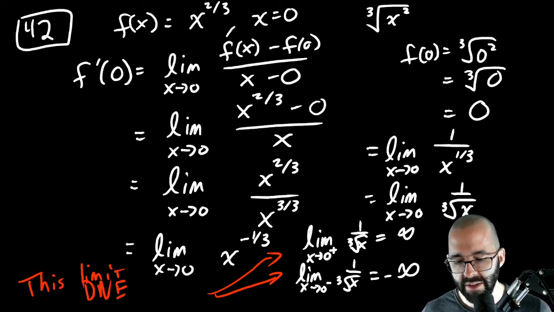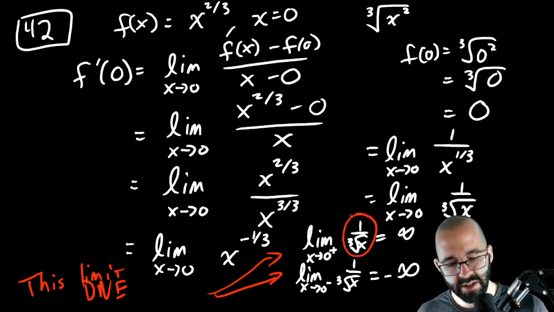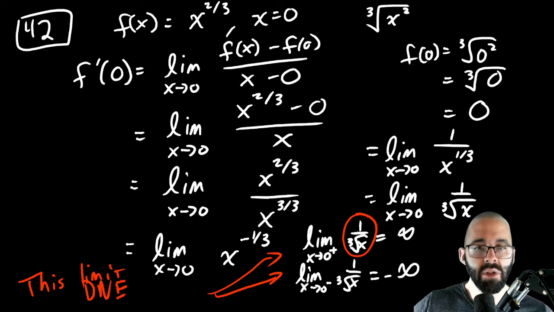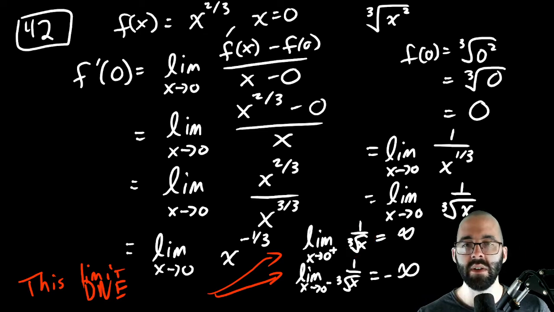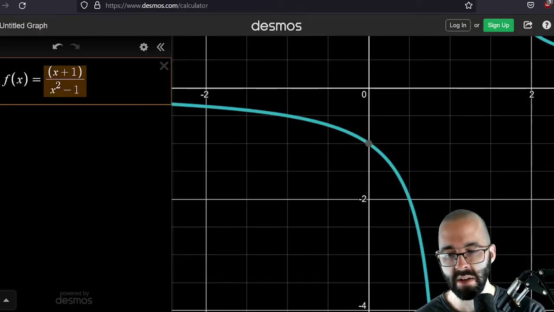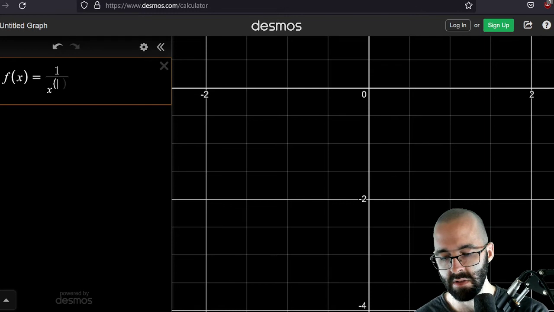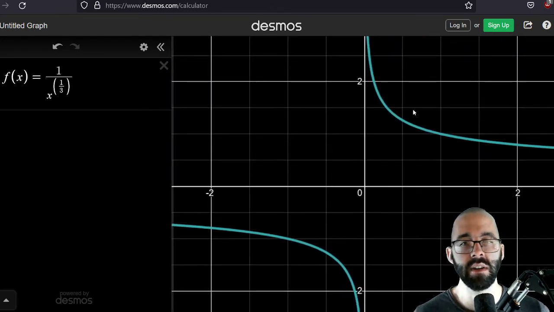And we can look at this graphically in two different ways. First, let's see how this function, 1 over the cubed root of x, behaves near 0. Look how this function behaves near 0.